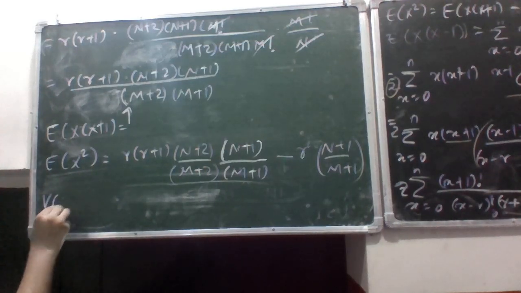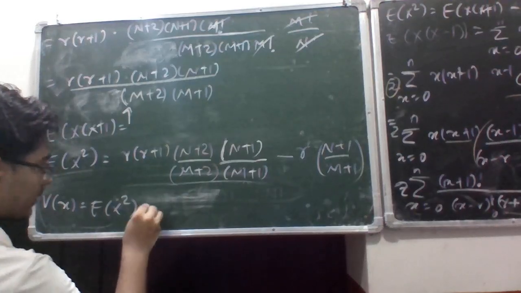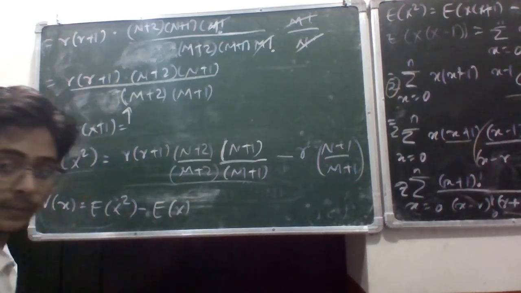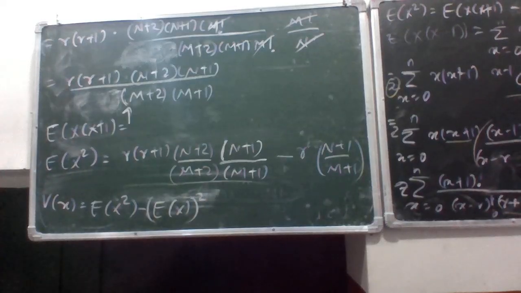Now variance is expectation of x squared minus expectation of x, whole squared.